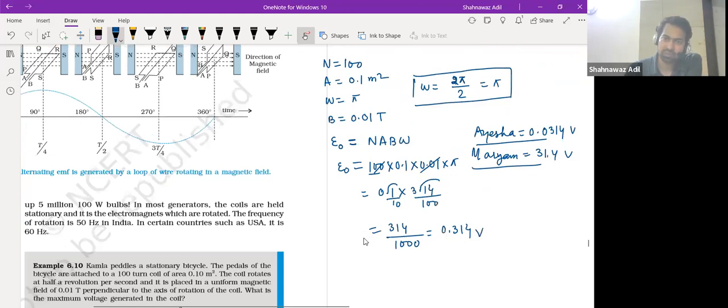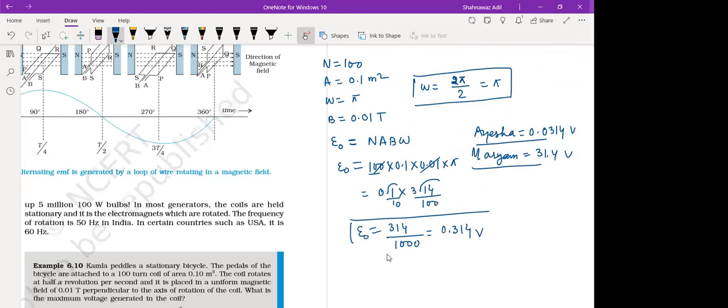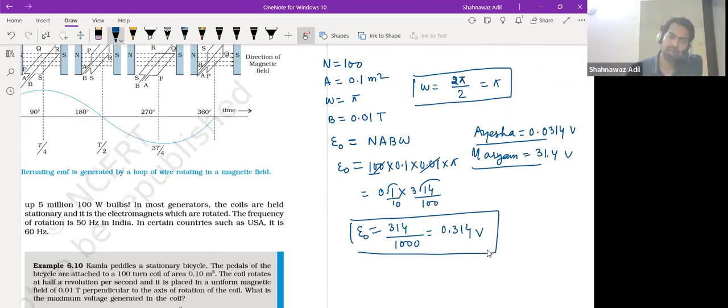Understood, everyone? Yes. Okay. So you have already calculated this. You don't need to note it down, please correct your calculation and then we'll do the other topics.